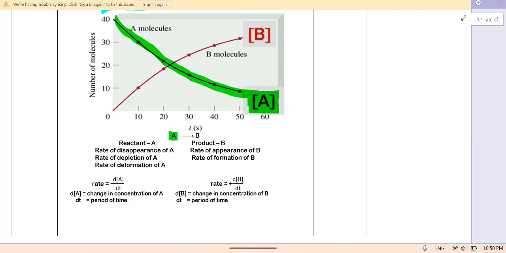In terms of rate of reaction, we say rate of disappearance of A, rate of depletion of A. If we transform this into a mathematical expression, it is d[A]/dt, meaning change in concentration of A over change in time. For a reactant, it is decreasing, so that's why we have a negative here.